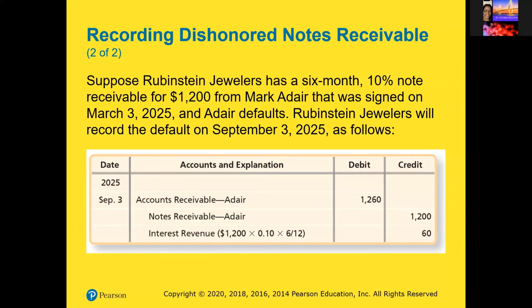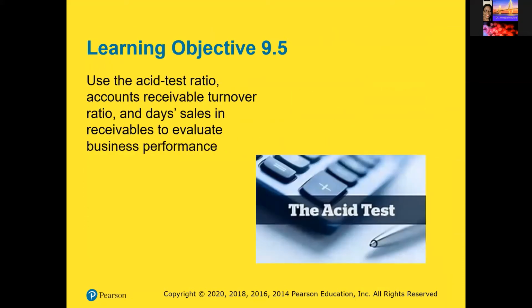We will begin with Learning Objective 9.5. Use the acid-test ratio, accounts receivable turnover ratio, and days' sales in receivables to evaluate business performance. This is Learning Objective 9.5.